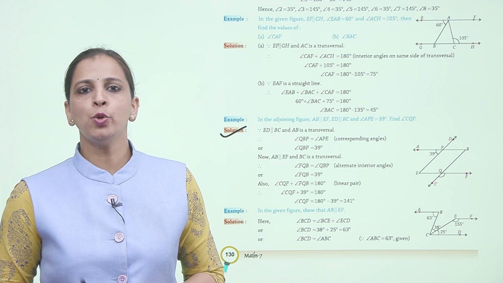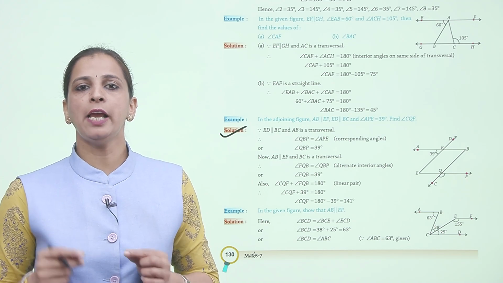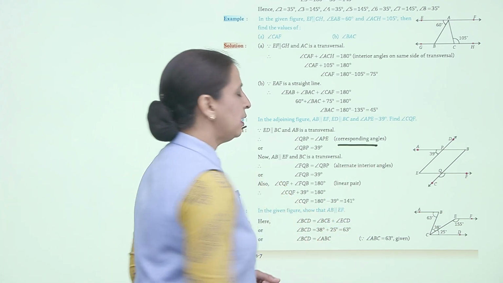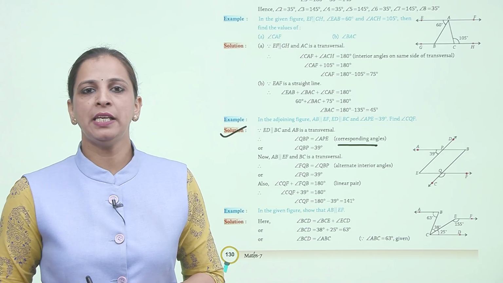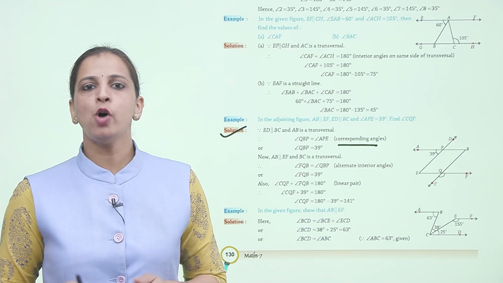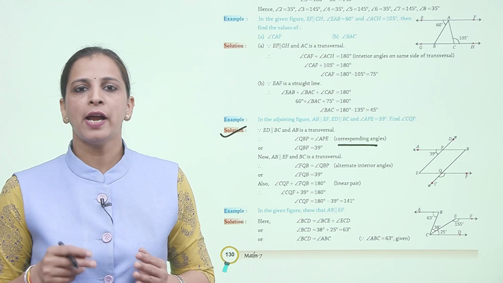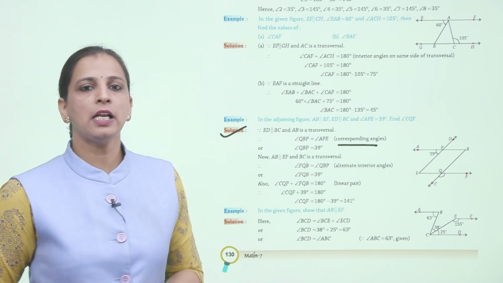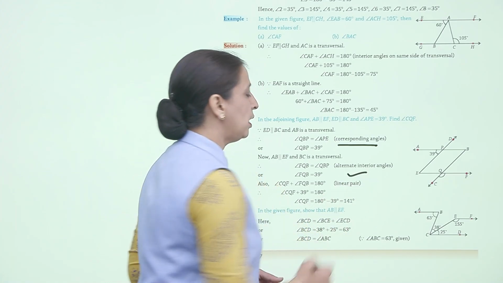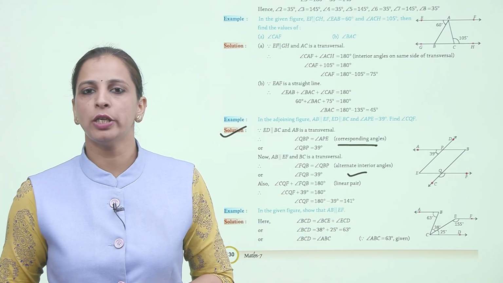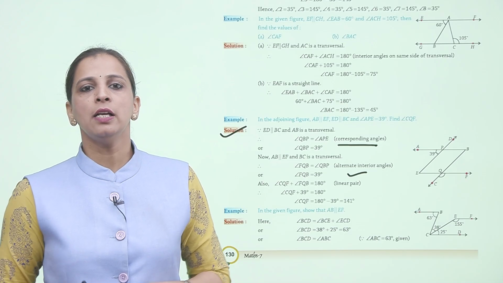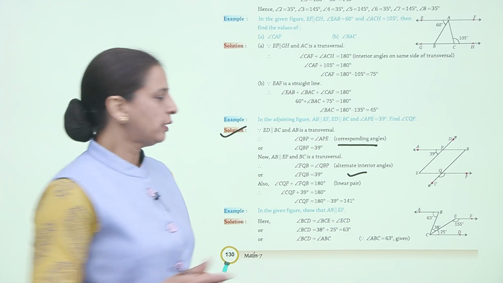So angle QBP is equal to angle APE, that is corresponding angles, or angle QBP is equal to 39 degrees. Now AB is parallel to EF and BC is the transversal. Angle FQB is equal to angle QBP, that is alternate interior angles.